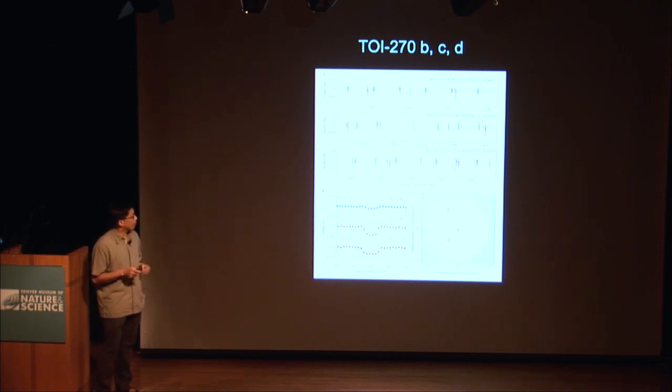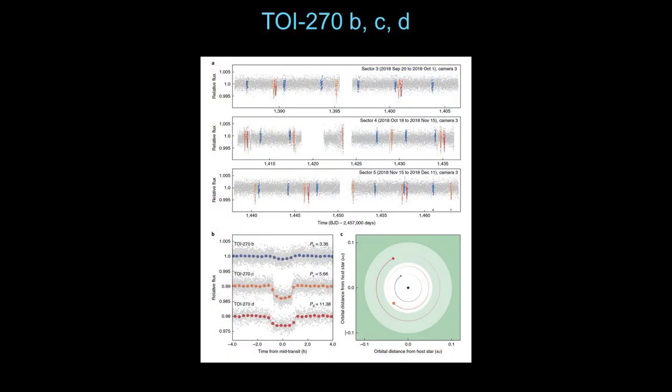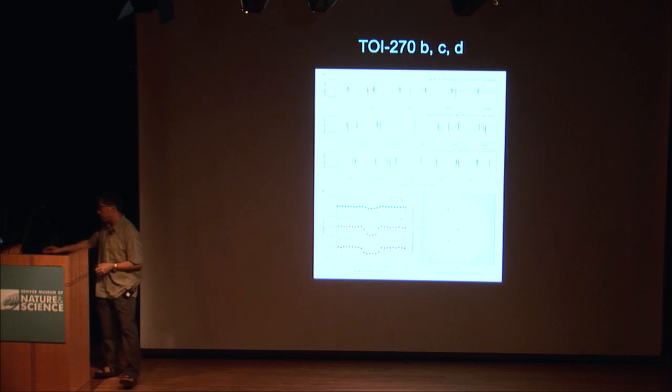It's order of about 0.1%. So that tells you, I mean, this is the reason why you have to go out into space, because stars twinkle in our atmosphere. The atmosphere refracts and changes the amount of light that we get from the star. But if you can put a satellite above the Earth's atmosphere, you get really good observations that allow you to detect these very subtle changes in the starlight.